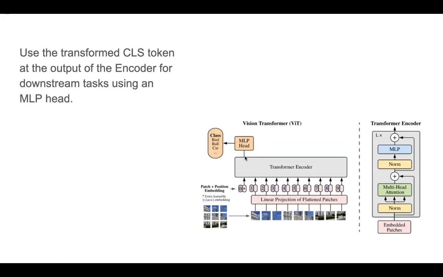For example, we read the representation of the CLS token of the highest layer of the encoder and feed it into the MLP head, the multi-layer perceptron layer, and the output of this layer is our softmax, the layer that helps us classify.